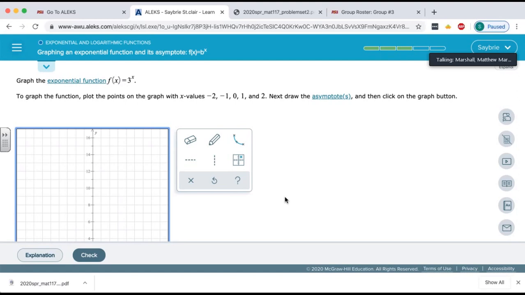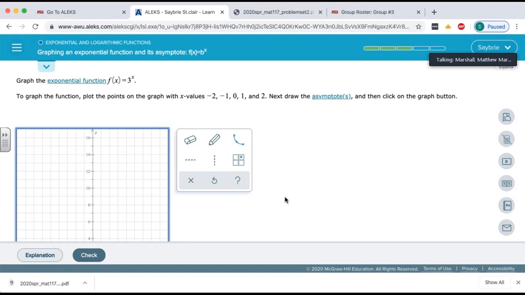What'd you get? Take a look at that picture I just texted you right there. So it looks like it just came through. So 3 to the negative 2 power written as a fraction.